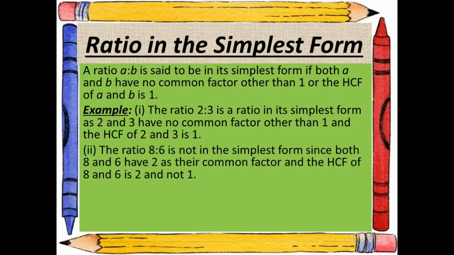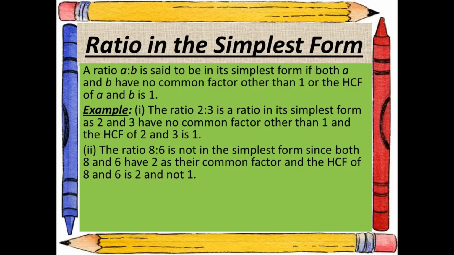And the second example says that the ratio 8 is to 6 is not in the simplest form since both 8 and 6 have 2 as their common factor, and the HCF of 8 and 6 is 2 and not 1. Hopefully it is clear to you.